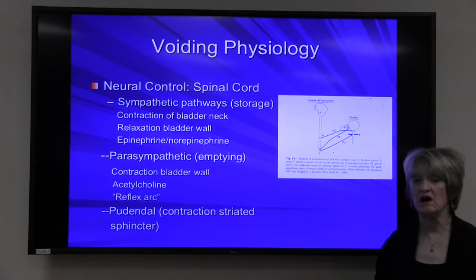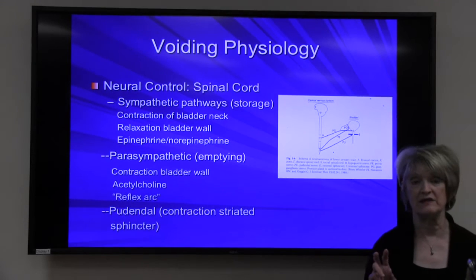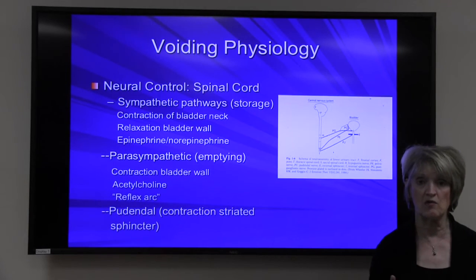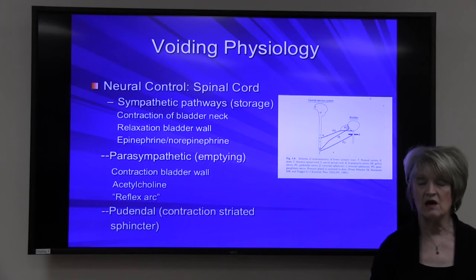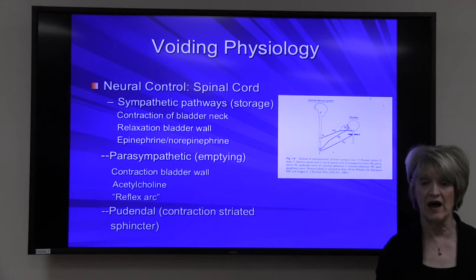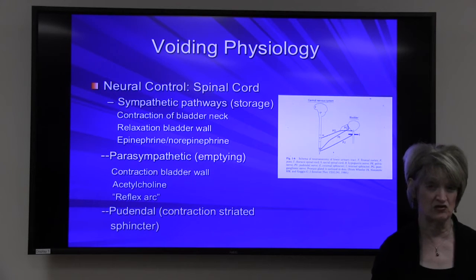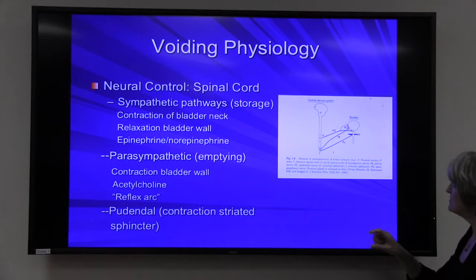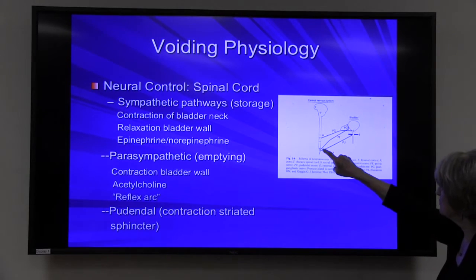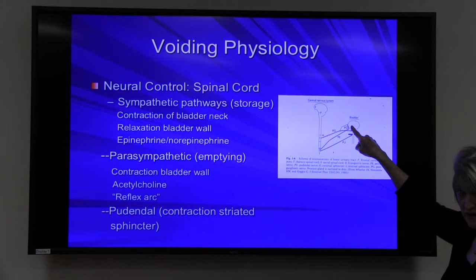Now the next point on the slide is that the parasympathetic pathways are part of a reflex arc. With normal function, this reflex arc is not active and is not important. But if you lose central control, if you have a devastating stroke, if you have a spinal cord lesion, then this reflex arc can take over and control voiding. The reflex arc involves sensory input to the cord and then the parasympathetic pathway.